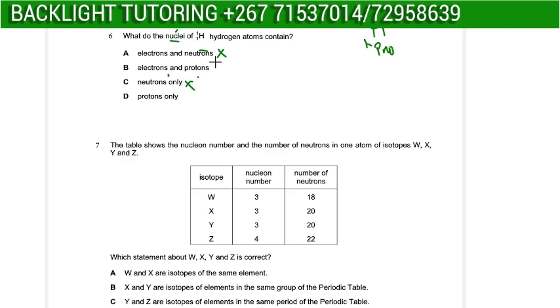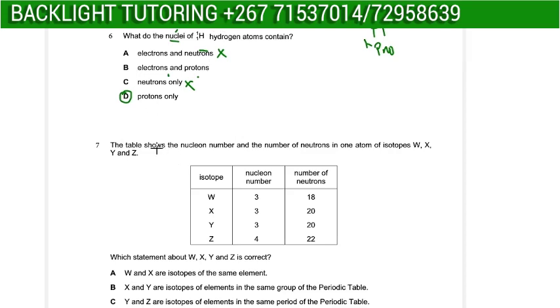Protons only, so we have electrons and protons. So we are likely to take D here, right? Because electrons are just orbiting around the nucleus. So D is the best answer.